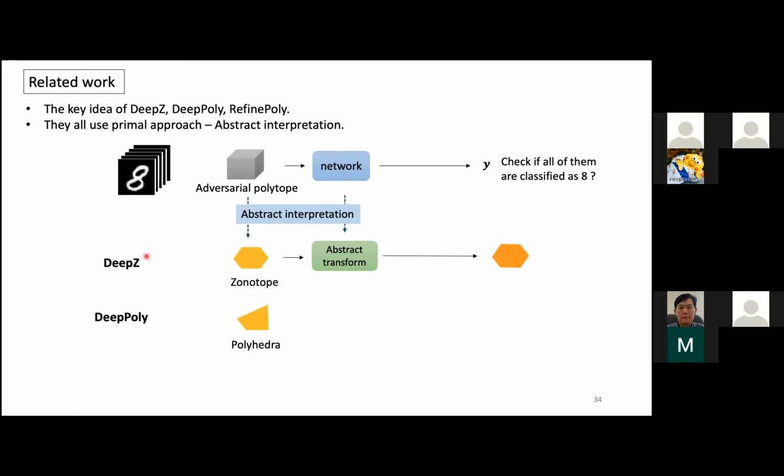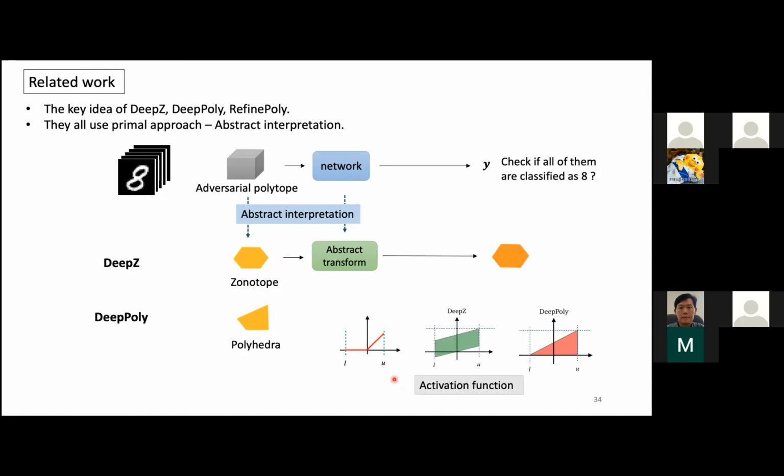The difference between DeepZ and DeepPoly is the mathematical way to describe this polytope. In DeepZ, they use the zonotope to describe it, and in DeepPoly, they use the polyhedra to describe this polytope. And notice that the networks may contain some nonlinear function such as the ReLU.